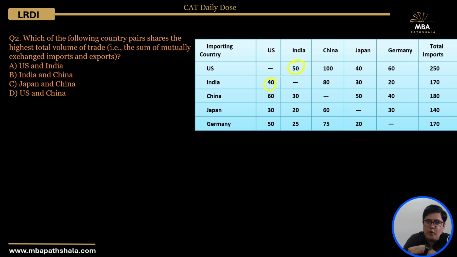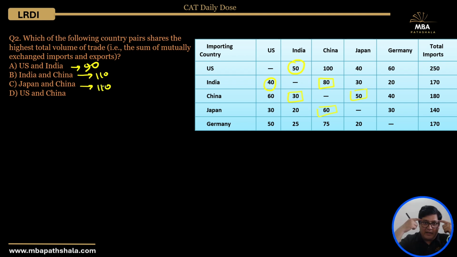India sends something, US sends something, the total trade is 90 billion. India and China, this is India and China, and this is China and India, 110. Mutual trade, import as well as exports. Japan and China, this is Japan buying from China, and this is China buying from Japan, that is 110.